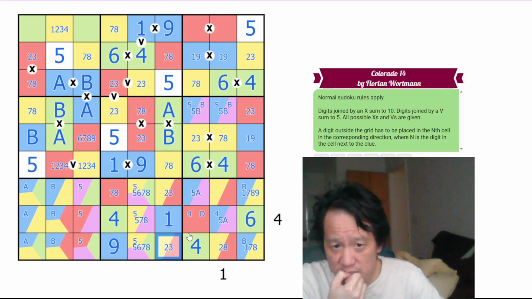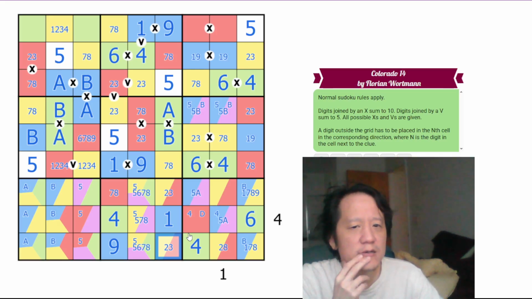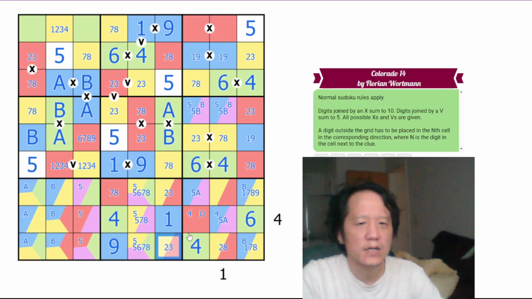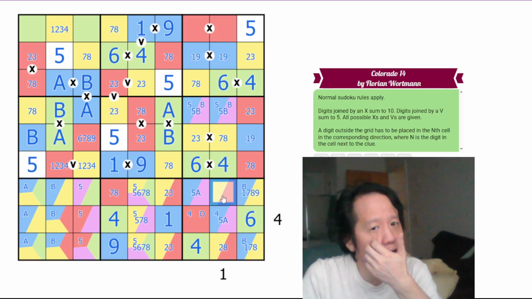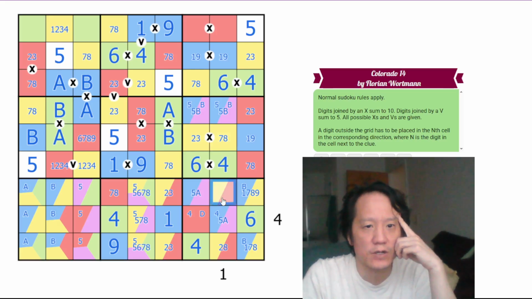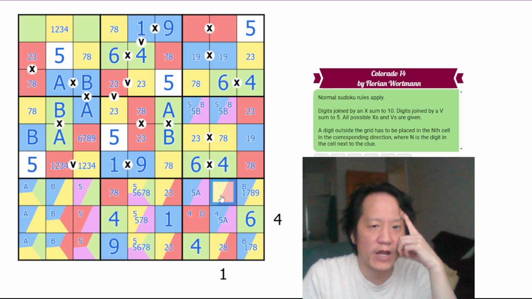Hmm. Okay, this, if it's yellow, it has to be low yellow. If it's red, it has to be low red.